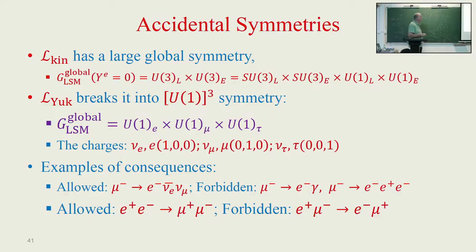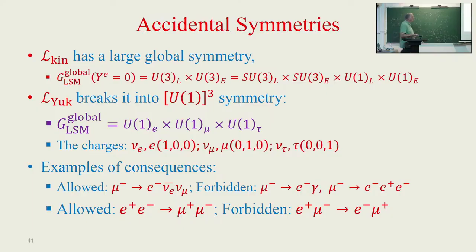Still, there is left a symmetry U(1) cubed, which is electron number, mu number, and tau number. And the charges are not entirely trivial. Both the electron and the electron neutrino have the same charge under U(1)e, and are neutral under the U(1) mu and U(1) tau.